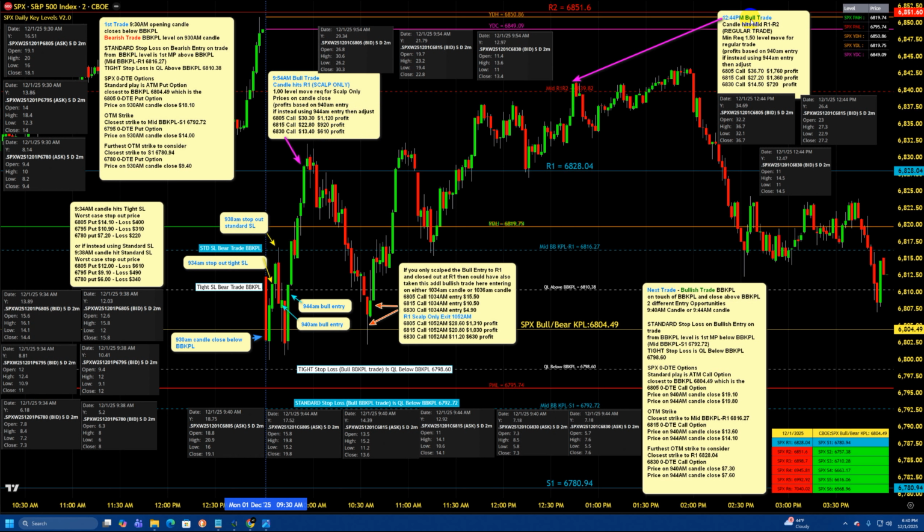12:44 p.m. it hits the regular trade, minimum 1.5 level move for a regular trade.